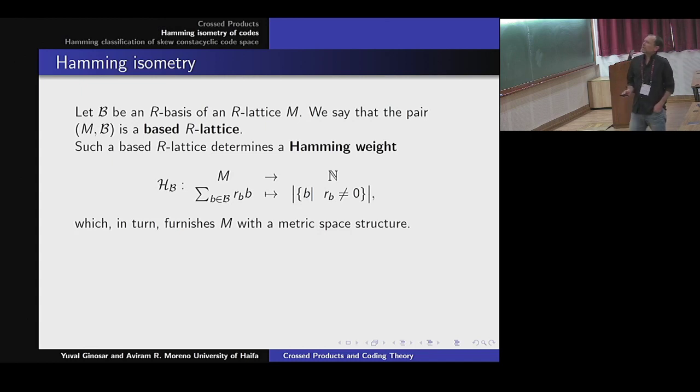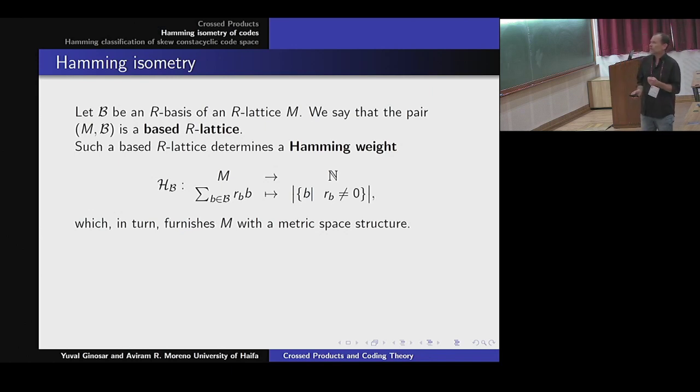Such a based R lattice determines a Hamming weight, which takes any element, which is uniquely written as a sum of its base elements with coefficients. Its Hamming weight is just the number of base elements whose coefficients are non-zero.